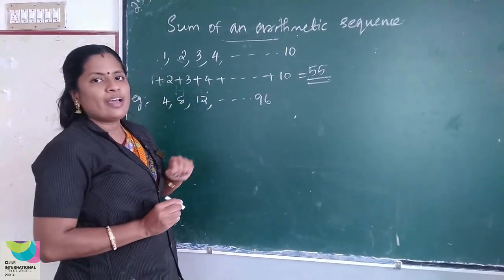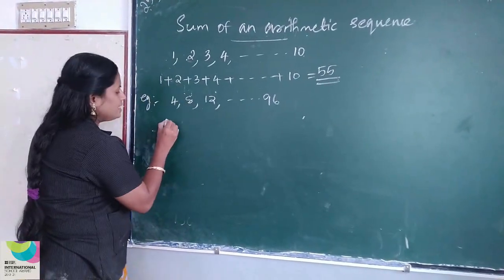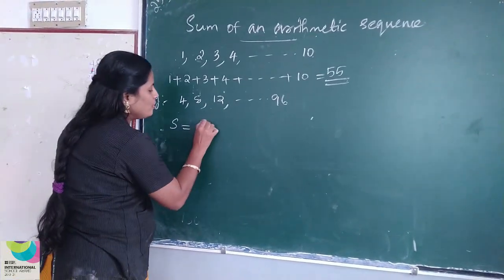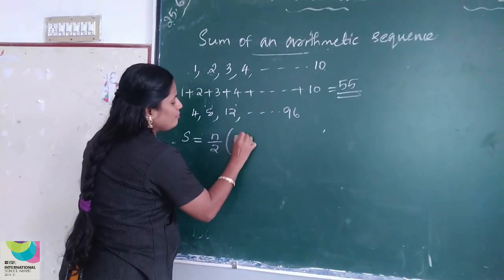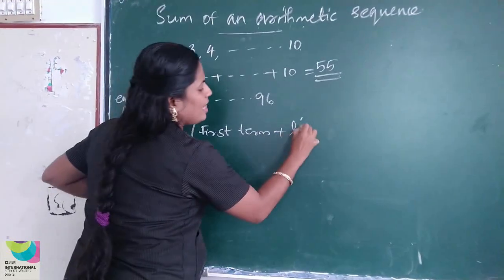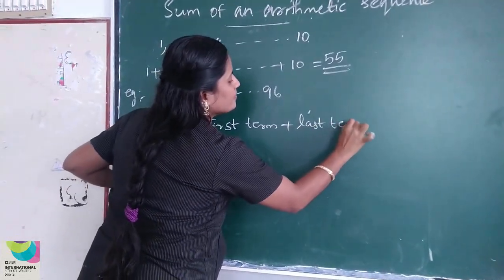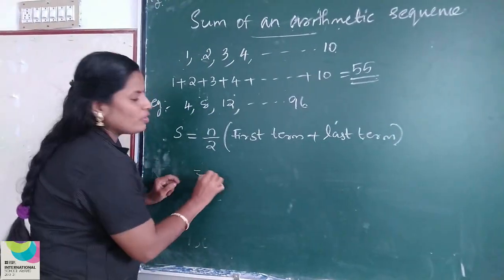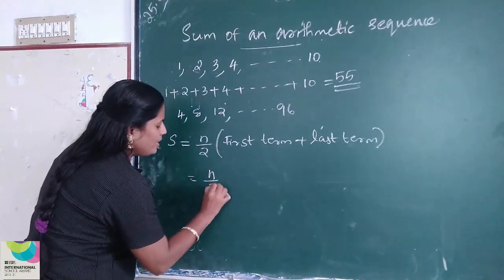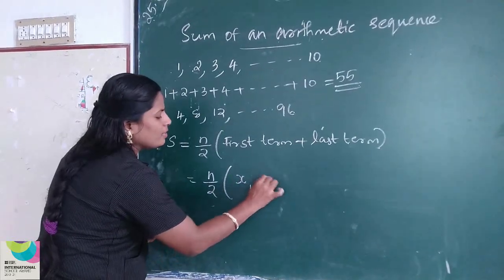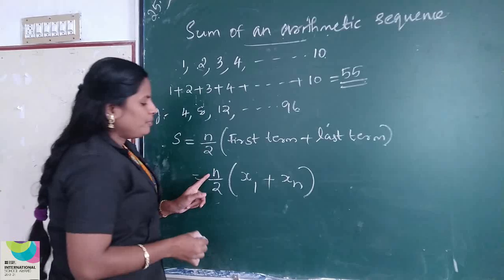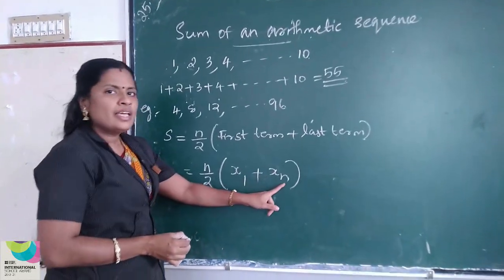So there we have to use a formula, that is S equal to, that means sum, S equal to n by 2 into first term plus last term. We already know that the first term is denoted as x1 and the last term is xn, so S equals n by 2 into (x1 plus xn).